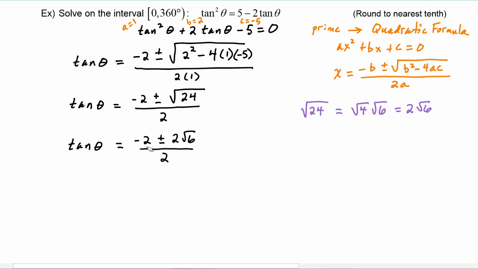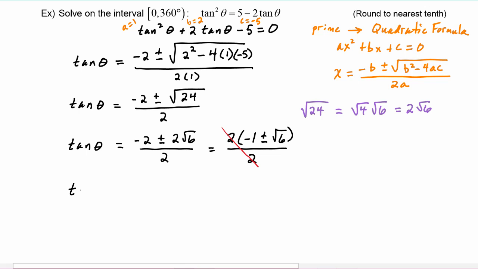Now this numerator can be factored. We can pull a 2 out. We have 2 times -1 plus or minus radical 6 divided by 2. These 2's are going to cancel.